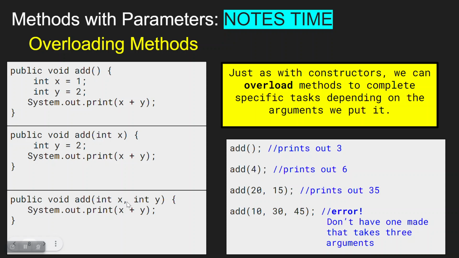If the data types don't match, or if the order of the data types don't match, like if you had a double and an int and you tried to call it with an int and a double, for instance, then that would result in an error. So it's important that your arguments match your formal parameters.